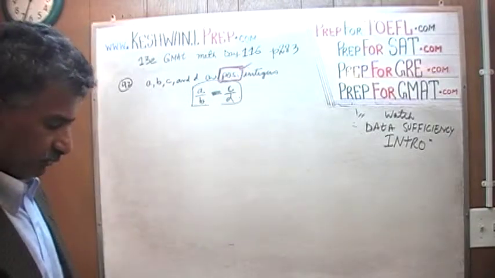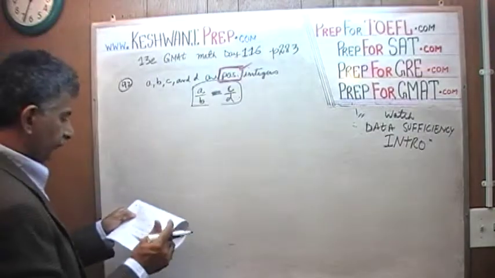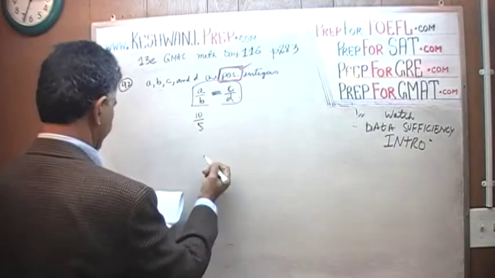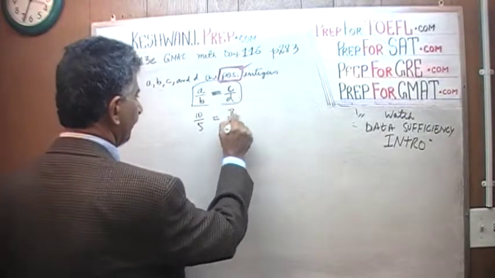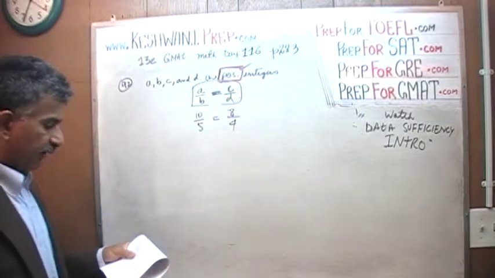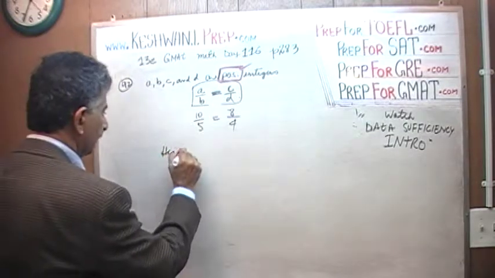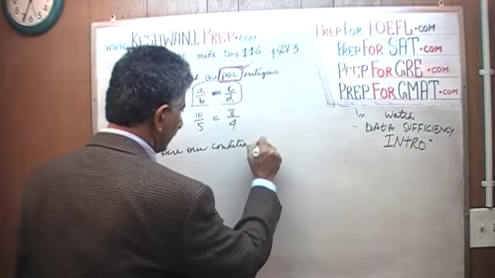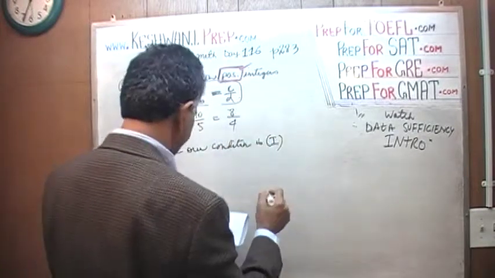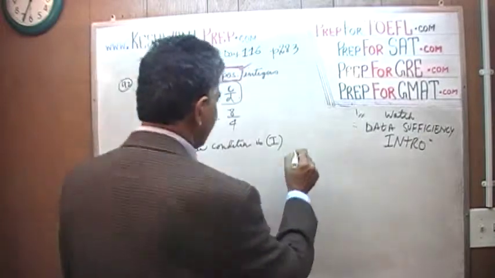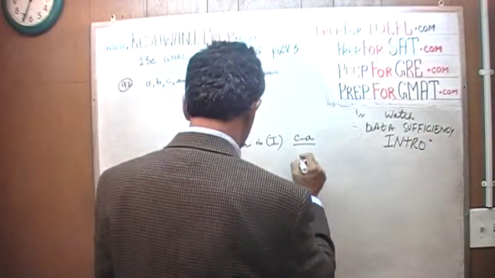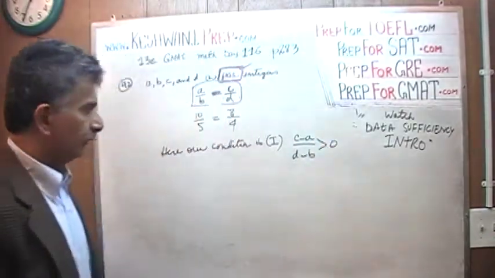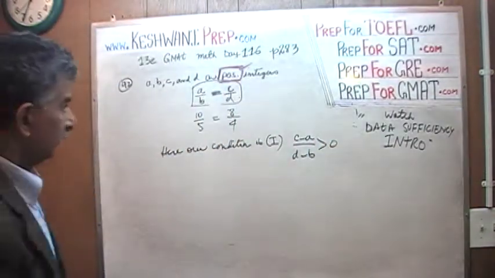Here's what you do. A over B, let's make it 10 over 5, and C over D, 8 over 4. The question is, does this fulfill our condition? Our condition is the first statement, which tells us that C minus A over D minus B is positive. Does this satisfy the condition?